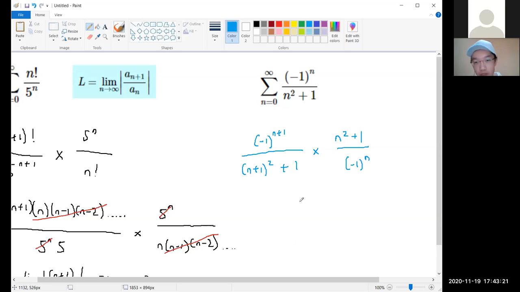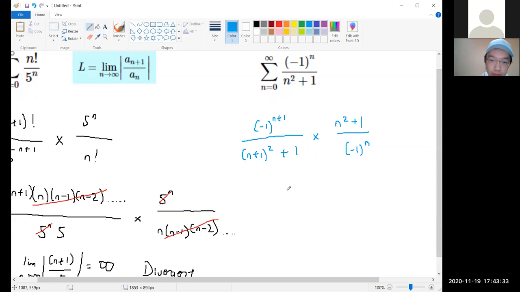So I think for this one, you don't really have much to simplify besides the negative ones. So we are going to have this cross out with this, but that'll leave you with -1 to the first power. So we have -1 times n squared plus 1 over n plus 1 squared plus 1.